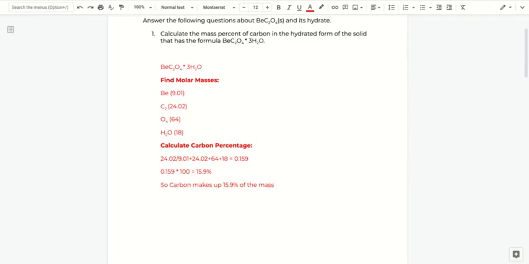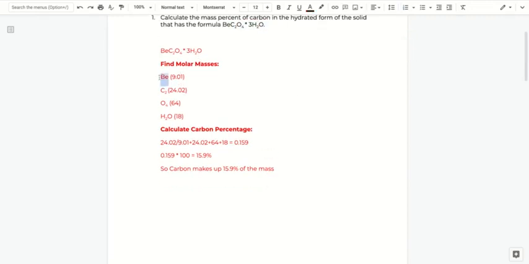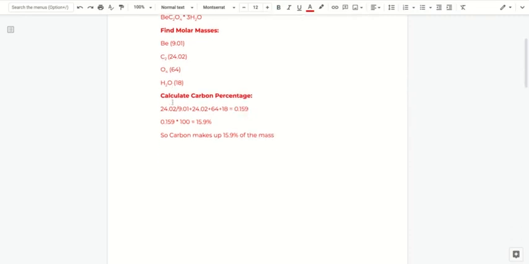One, it asks us to calculate the mass percentage of carbon in this equation. To find that, I found the molar mass of each element in the equation, and to do that, I just used the molar mass of each element times how many of the element there were.